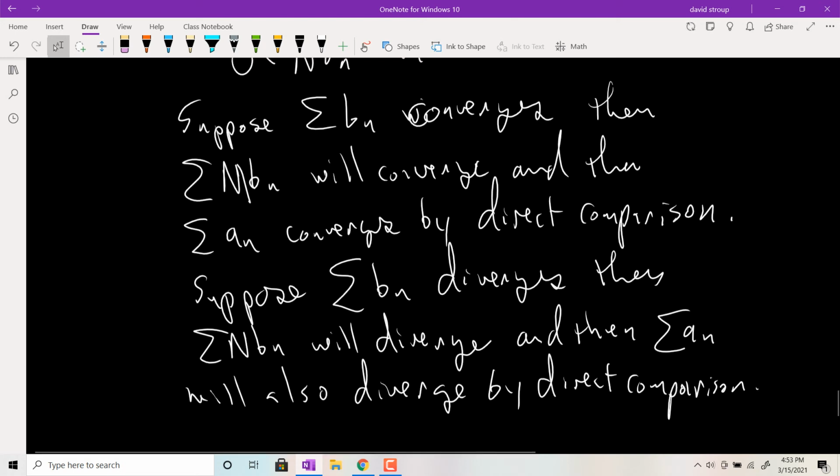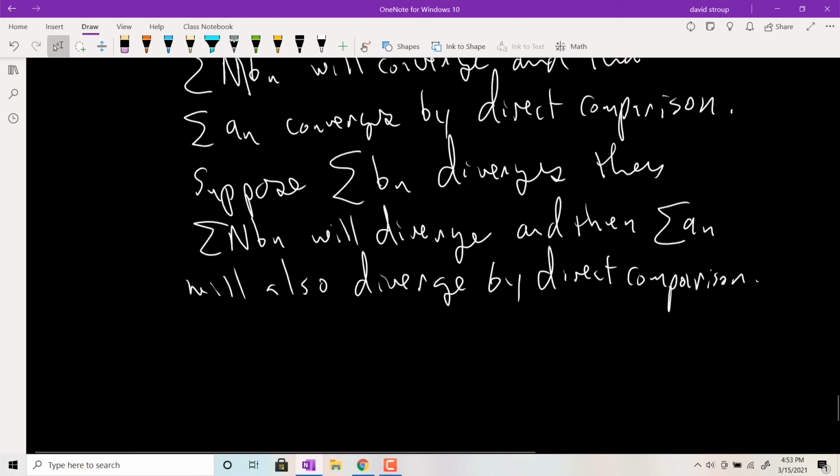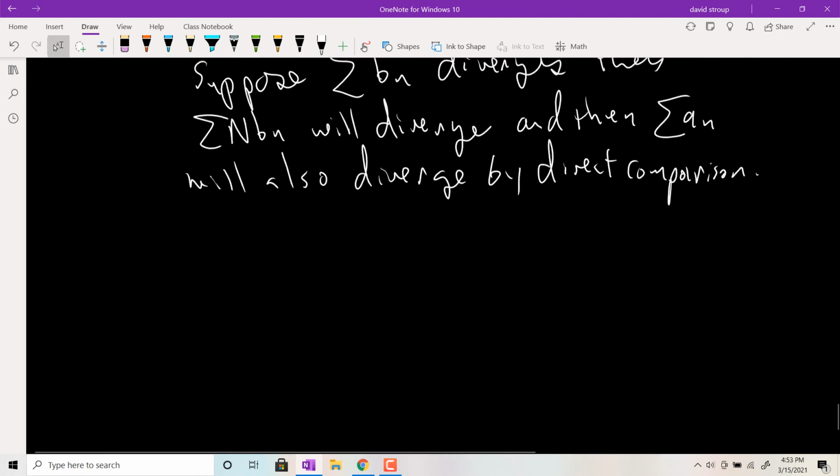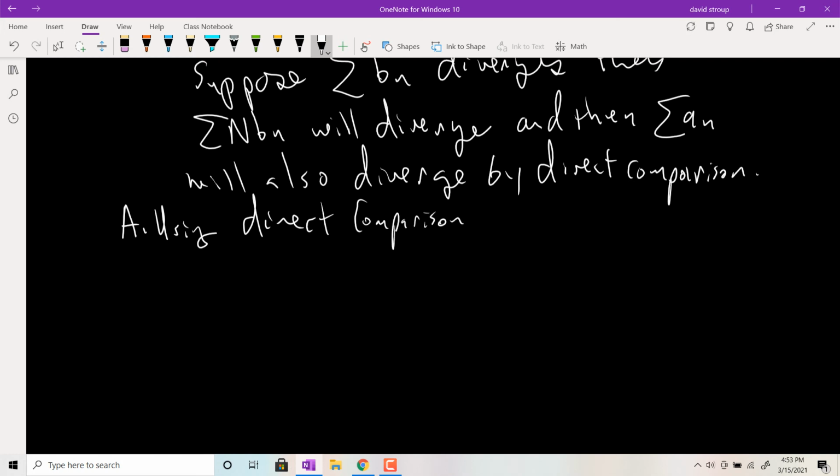Okay, let's actually do the limit comparison test steps. So, part A, using the limit comparison test. First, you choose a series to relate it to, such that you know the behavior of the series you're comparing it to.